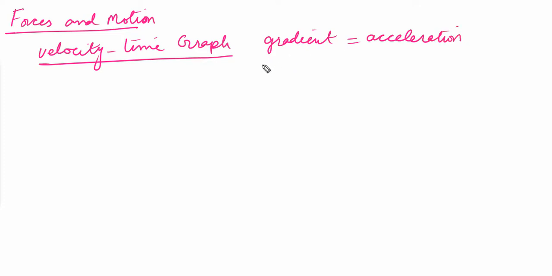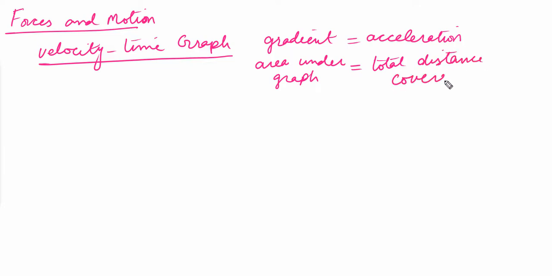And the area under the graph gives us the total distance covered. I'll show you how. So these are the two pieces of information that we can get from the velocity time graph.